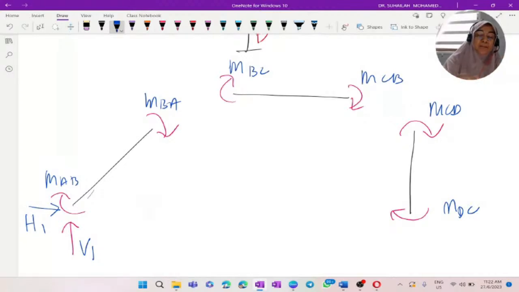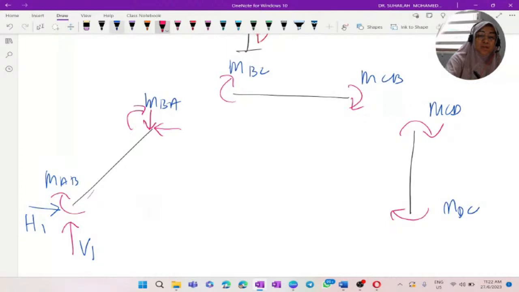So at point B for member AB, we will also have the same force but in the opposite direction.